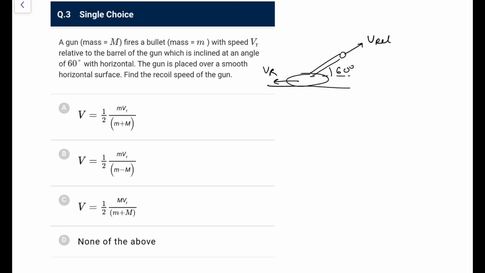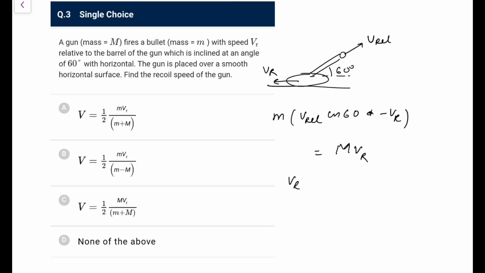Now the momentum will be conserved along horizontal because there is no external force along horizontal. So CM speed along horizontal will remain 0. So this bullet will have a speed v relative cos 60 minus vr in ground frame. That would be for rightwards, and that must be gained leftwards by this remaining gun, that would be M into vr.